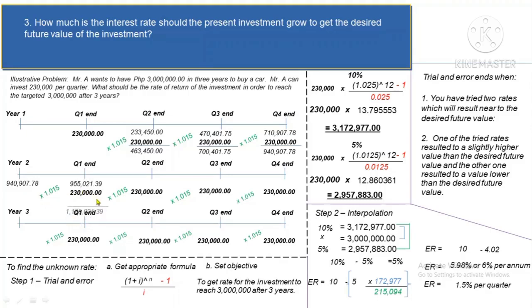955,021.39 plus 230,000, that's 1,185,021.39 times 1.015, 1,202,796.71 plus 230,000, we have 1,432,796.71, and then again multiply it with 1.015, we have 1.54 plus 230,000, we have 1,684,288.66.